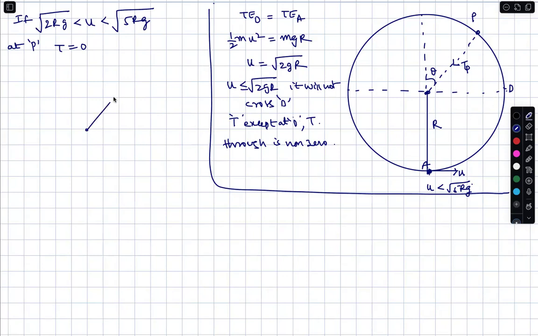At point P, mg, theta. I just want to show you that this is a part of the circle.